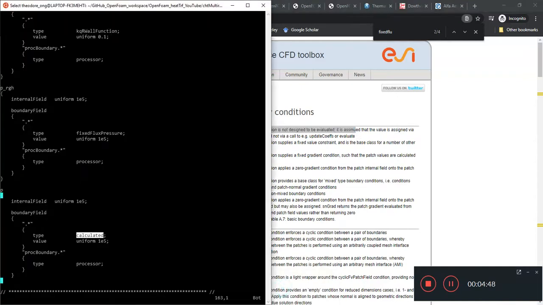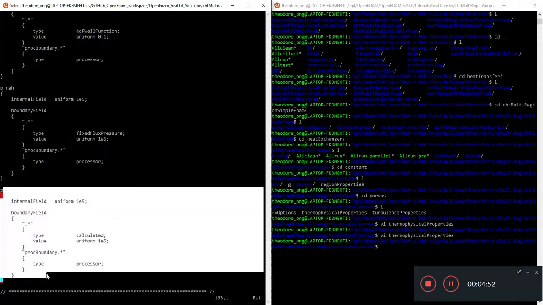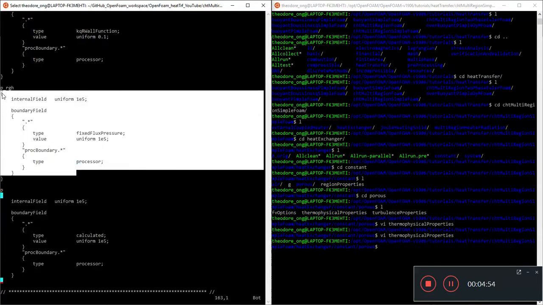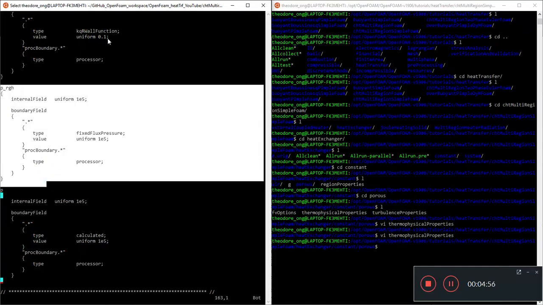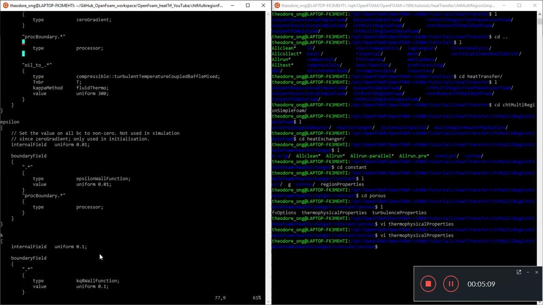So what it's saying basically is this: the pressure field will be taken from this p_rgh field. Since we already specified the p_rgh, we don't really have to specify the pressure per se. That's why you use this calculated boundary condition. Otherwise, you kind of over-specify the system and the simulation will probably crash.